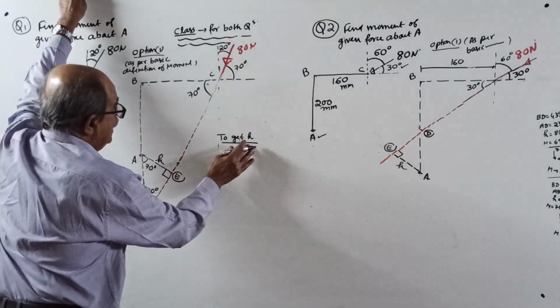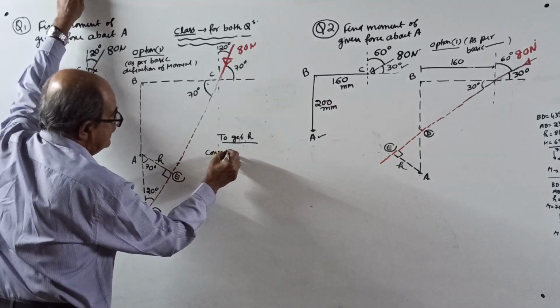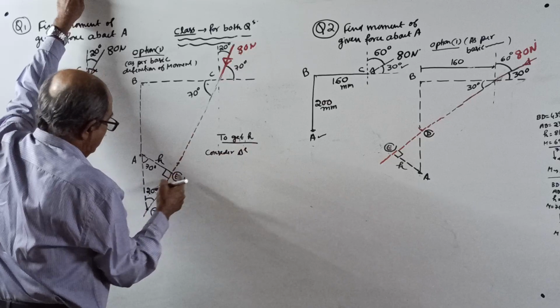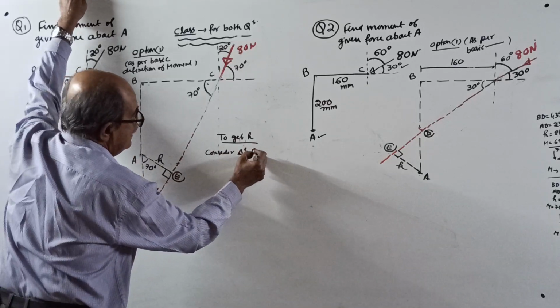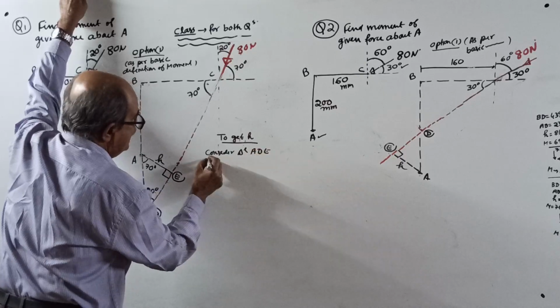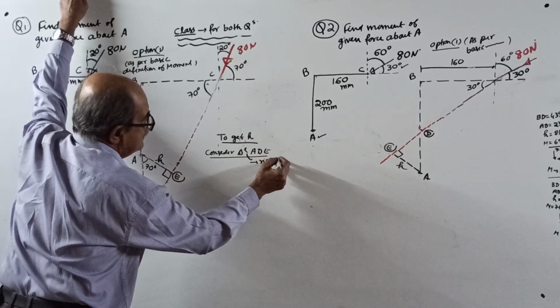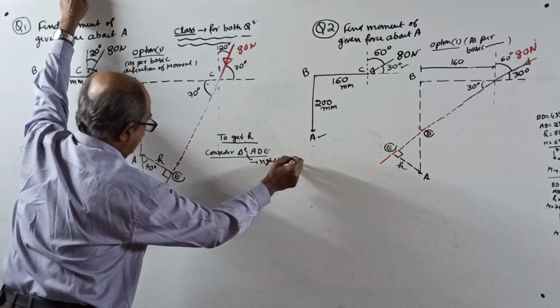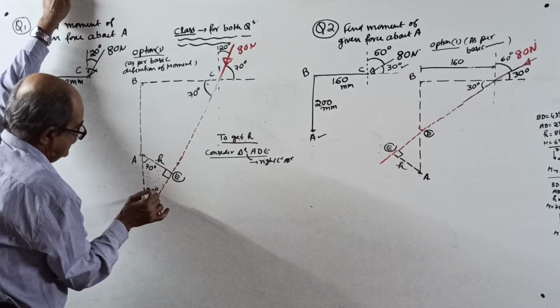Now, to get H, see here. Consider a right angle triangle, ADE, right here, which is a right angle triangle. Or I will do one thing, I will put a small dot on this triangle, see, this triangle.